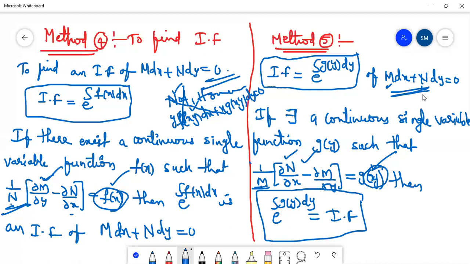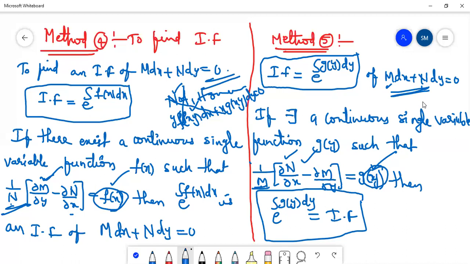When you have a clear idea about method 4 and method 5, it is easy to solve non-exact differential equations. Why? Because you leave method 1, the inspection method. Then go to method 2, homogeneous or not. Method 3 is whether it is in the form y f of xy dx plus x g of xy dy equal to 0.